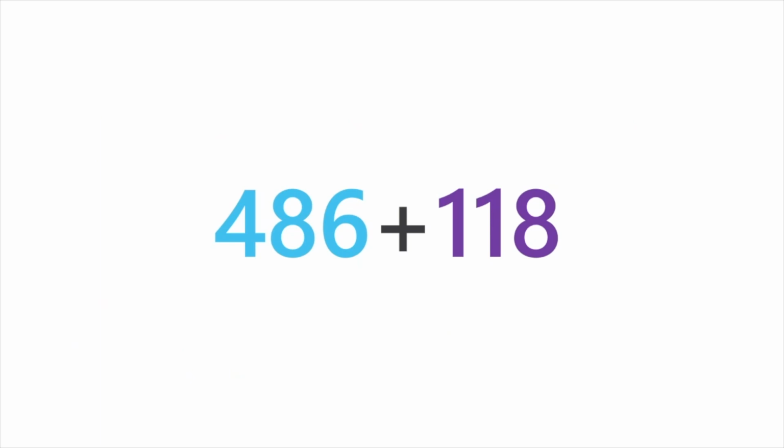What you see on the screen here is 486 pages in our release plan for Dynamics 365 for just release wave 2, which is coming this October. There's also, in addition to that, 118 pages in the release plan for the Power Platform.